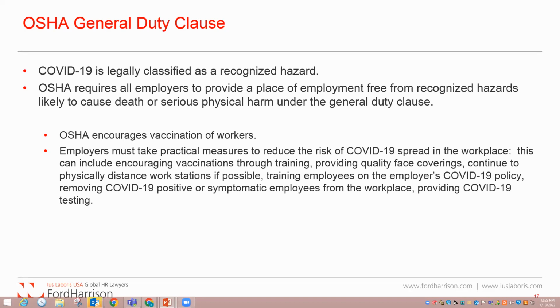While OSHA encourages vaccination of workers, of course, it's not mandated, but there are a bunch of other OSHA standards, and OSHA's going out now, which is kind of interesting because when COVID first began, shortly thereafter, OSHA required its investigators to work from home. So they weren't really out finding any violations, but now they're back in force.